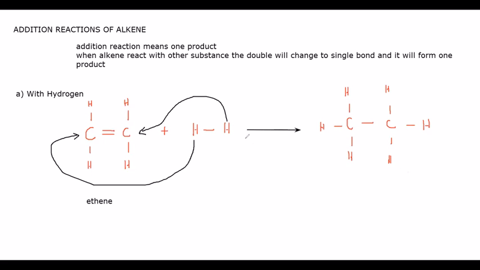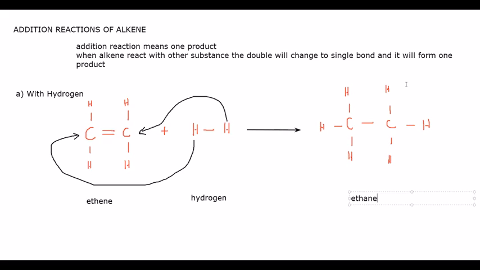So what is the product here? Ethene plus hydrogen, what is the product? The product contains a single bond.